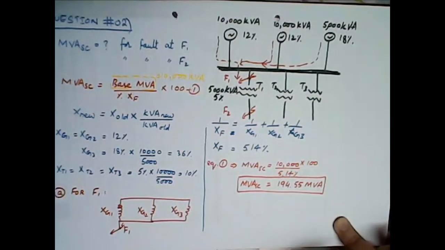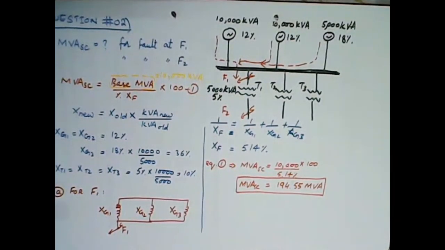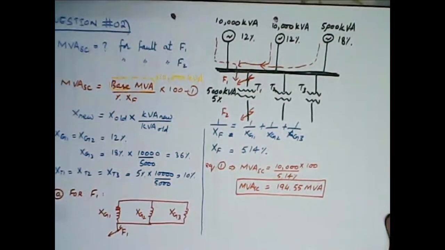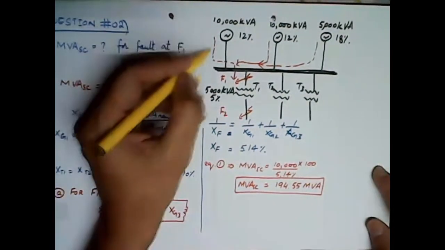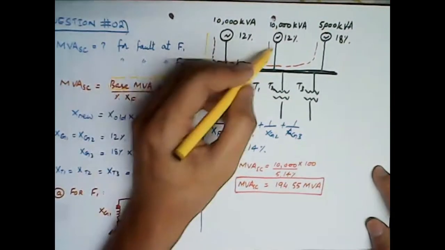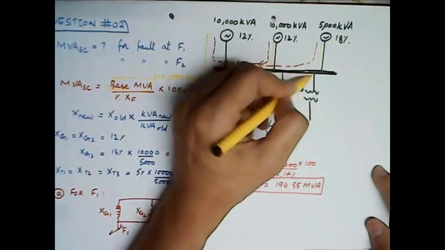Okay. Now, when a fault occurs at point F2, let me draw the current flow first. The current from G1 will be flowing to F2, from G2 also, and from G3 also.